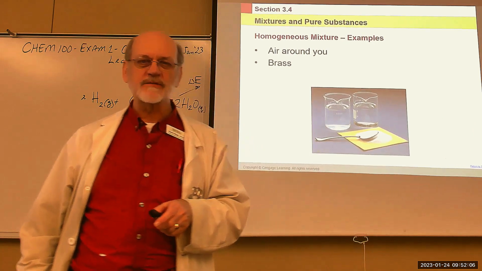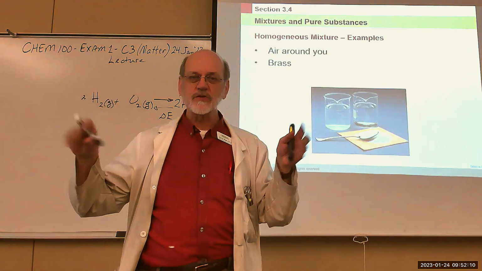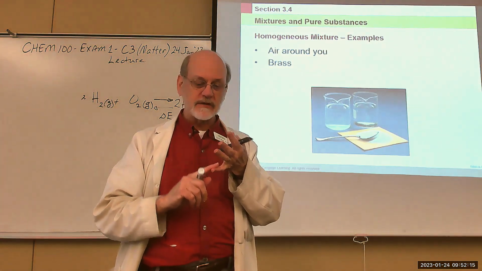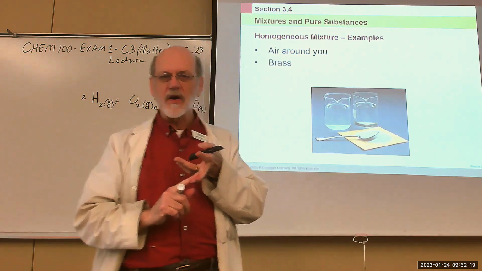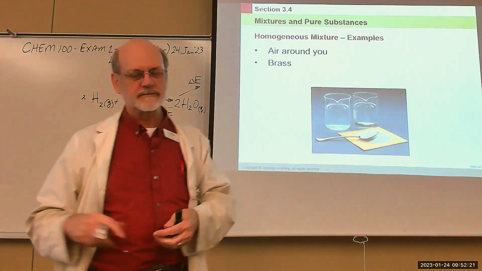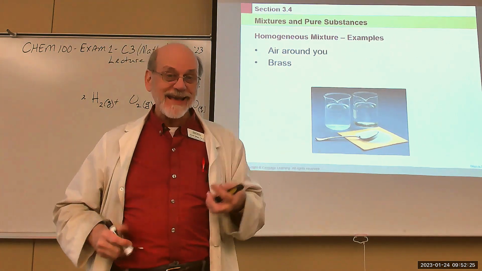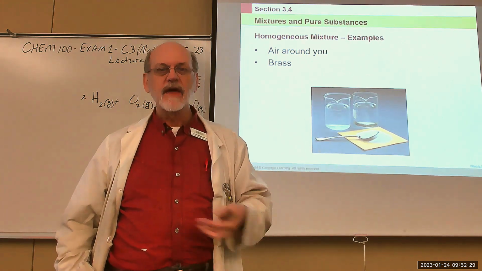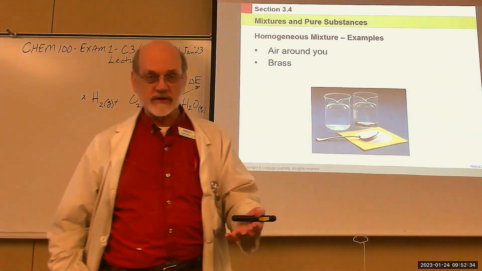Other types of homogeneous mixtures. Air is a homogeneous mixture of different gases: 78% nitrogen, 21% oxygen, about 1% argon, and then minor components. That's a mixture. And it's interesting that when you put two or more gases of any kind together, they always form a homogeneous mixture, a solution of gases.